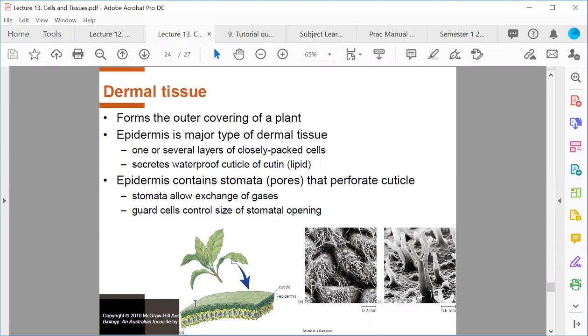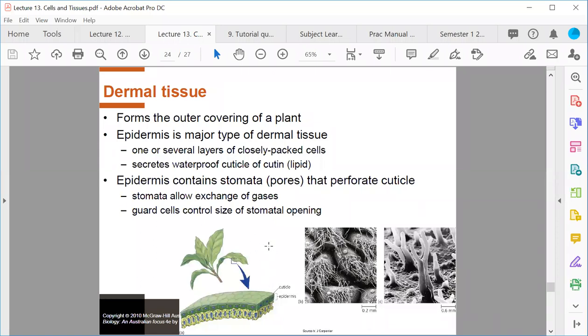So not a layer of cells, just a layer of cutin. That's the epidermis, and below the epidermis you can see different cell types. These are the ones that are specialised to photosynthesize.